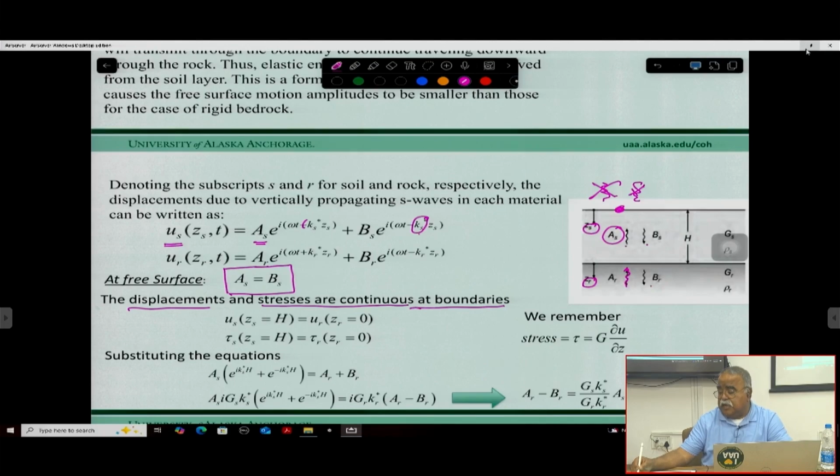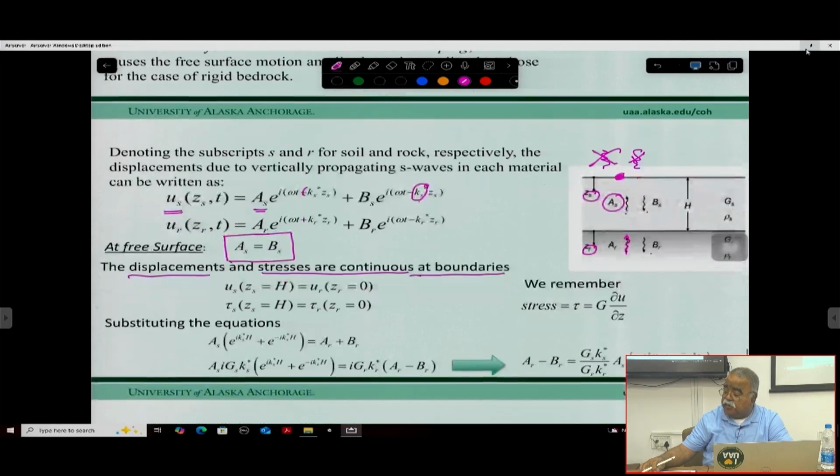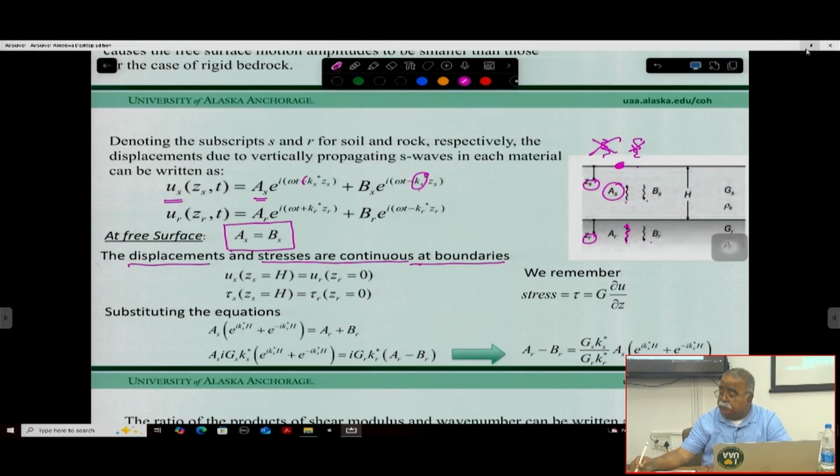Both the displacement and the stress equation are continuous at the boundary. So at the boundary, there is no accumulation of displacement and no accumulation of stress, because this is a continuous layer. So therefore no stress and displacement development at the boundaries. So at the boundary of the soil, U_S at Z_S equals H, and the displacement at the rock has to be the same, right?